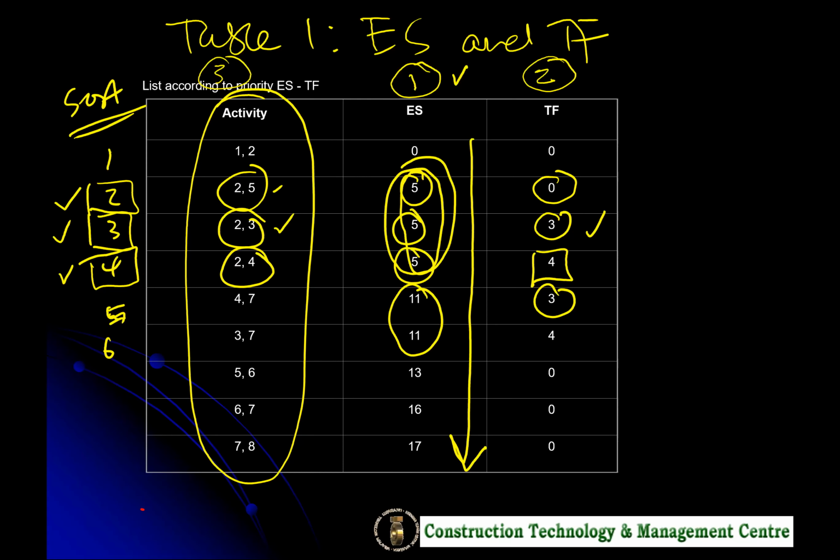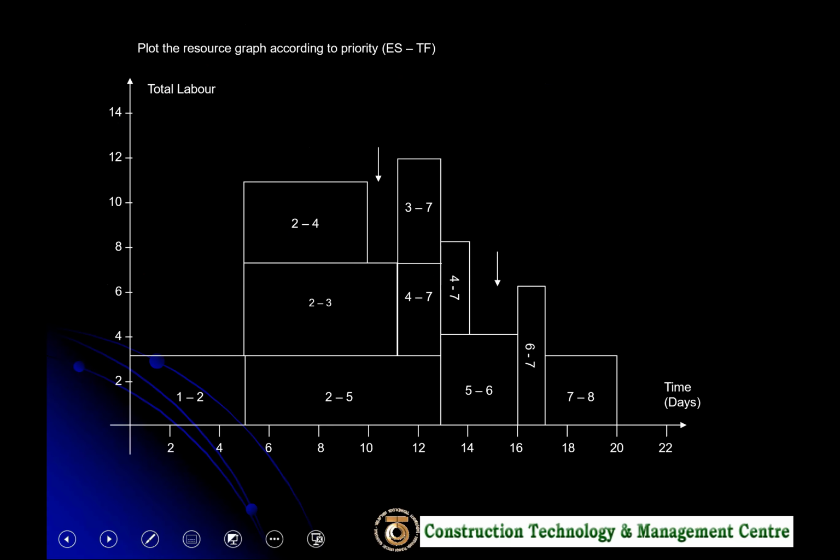What is the purpose of this listing? It is to draw the next one, what we call the resource histogram, based on table 1, the early start and total float sorting. How do we draw this kind of graph?